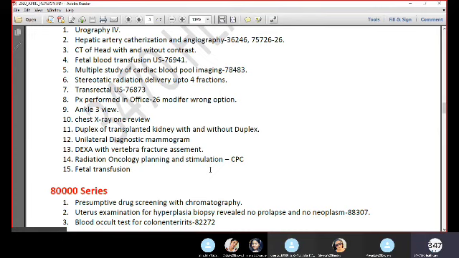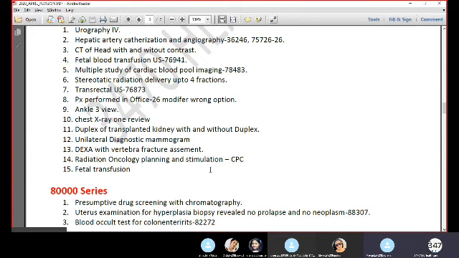So what is the difference between diagnostic mammogram and screening mammogram? Diagnostic is when there is a suspicion that you have something, but for screening you have no symptoms and you're just going for checking if you have anything or not. In screening it's by default a bilateral code, so we do not have to add modifier 50 or anything.